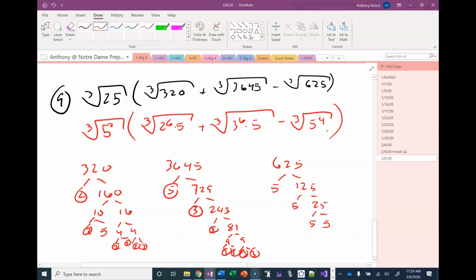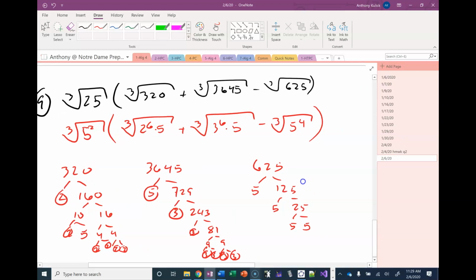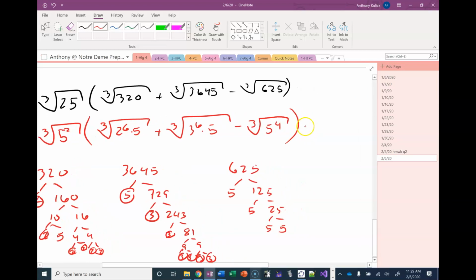Is everybody okay with the prime factorizations that I just buzzed through there? Okay. So next I need to reduce these radicals. I'm going to keep that cube root of 5 squared out front. If I look at the first radical, I notice that the exponent on the 2's is bigger than the index, so I can do an exchange there.